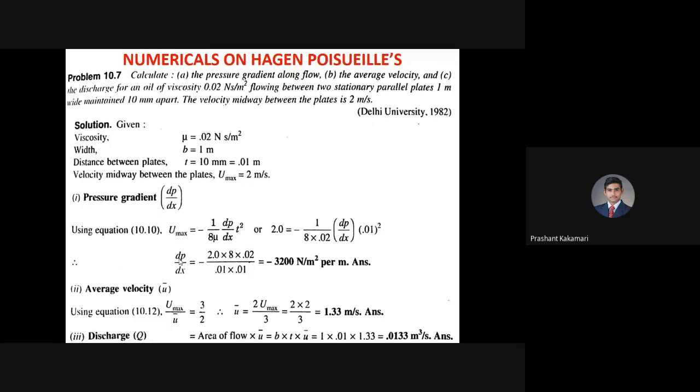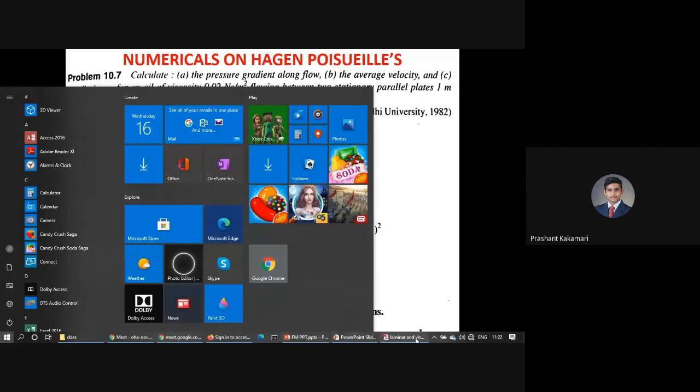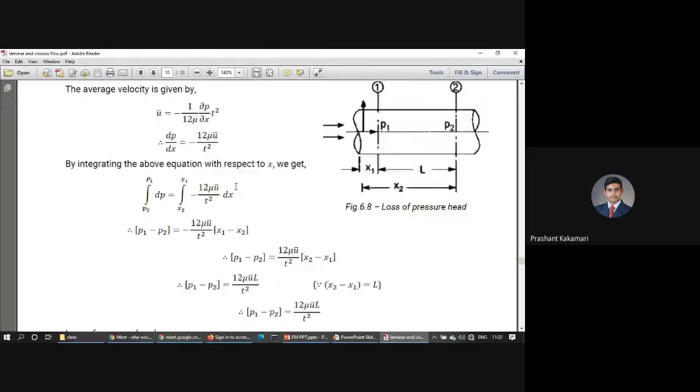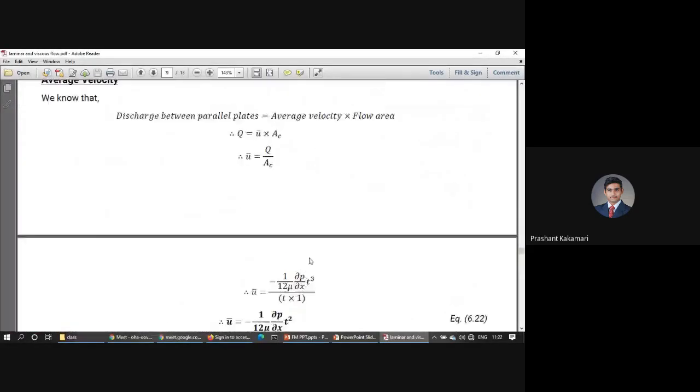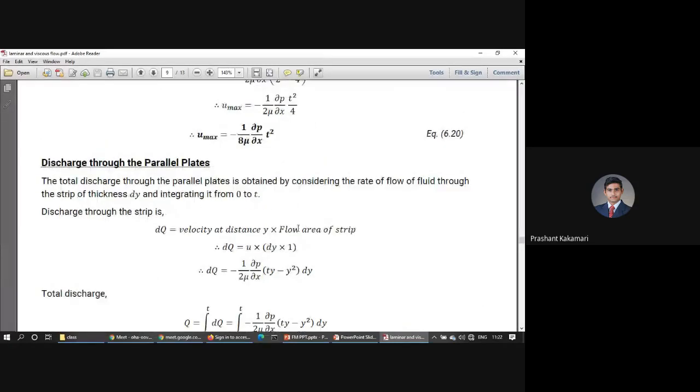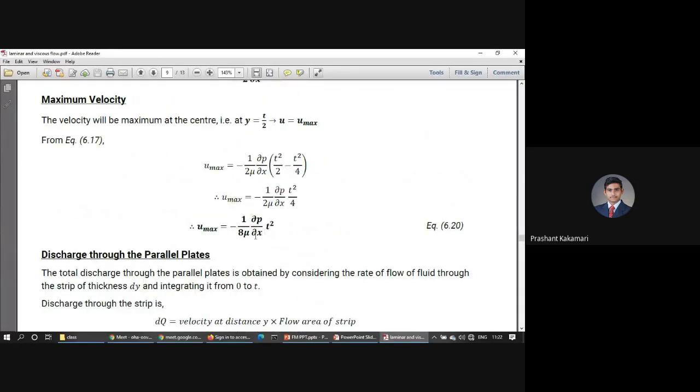So P1 minus P2 may be minus 3200 Newton per meter square per meter. Another thing you can do is, from the derivation you can recall the maximum velocity formula. Umax is minus 1 by 8 mu dou P by dou x into T square.